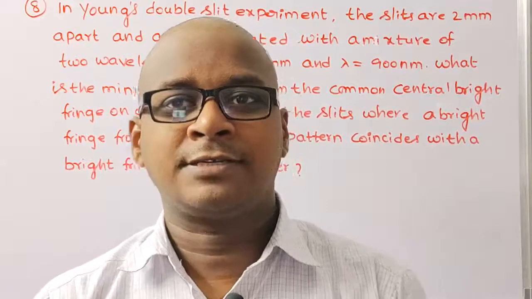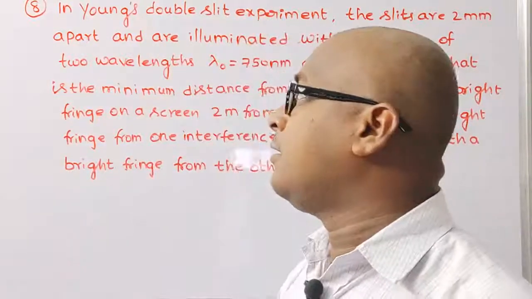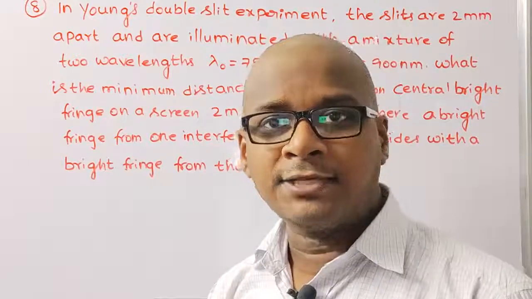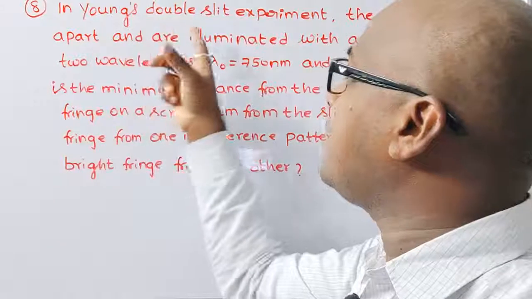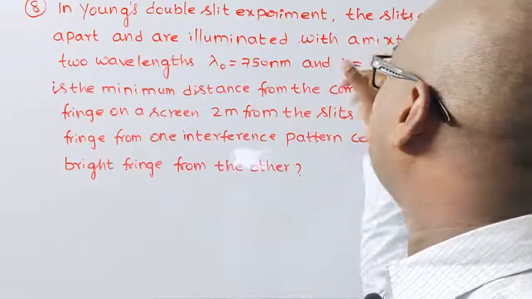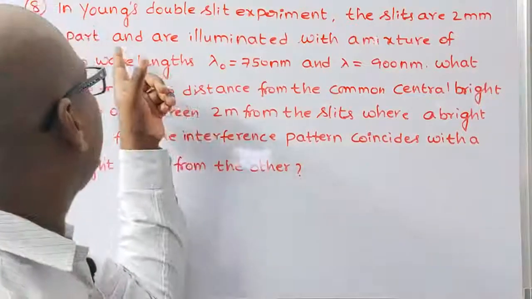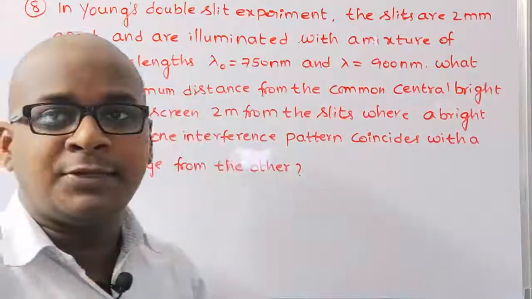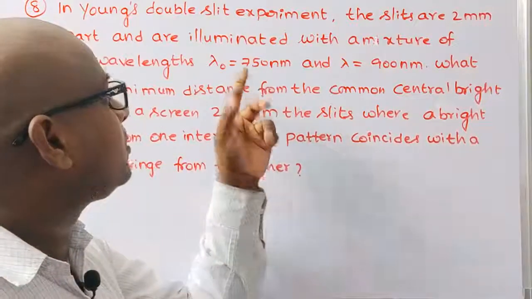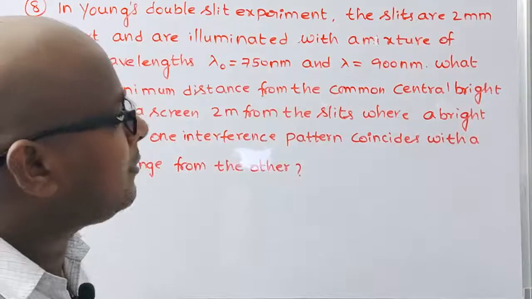Today we are going to discuss Tamil Nadu State Board 12th class ray optics problem number 8. In Young's double slit experiment, the slits are 2 mm apart and are illuminated with a mixture of two wavelengths, lambda naught equal to 750 nanometer and lambda equal to 900 nanometer.